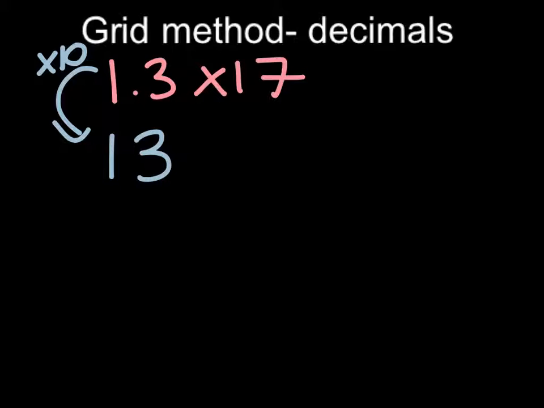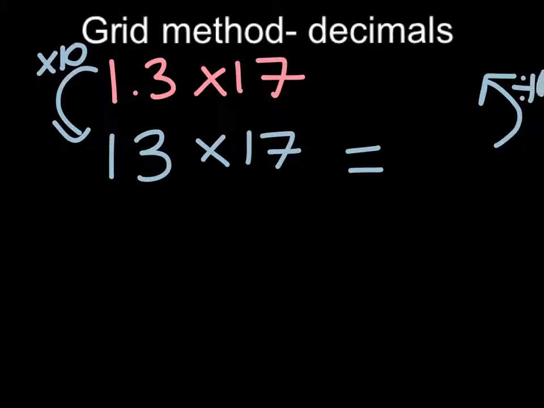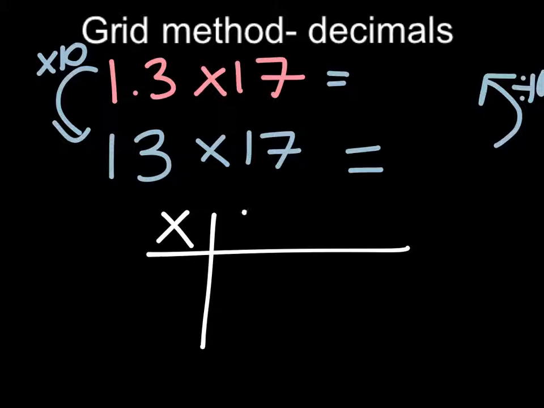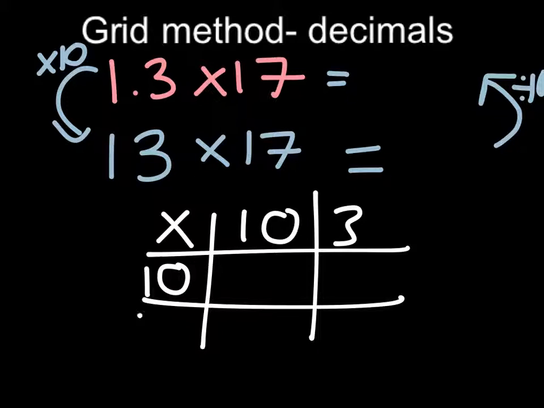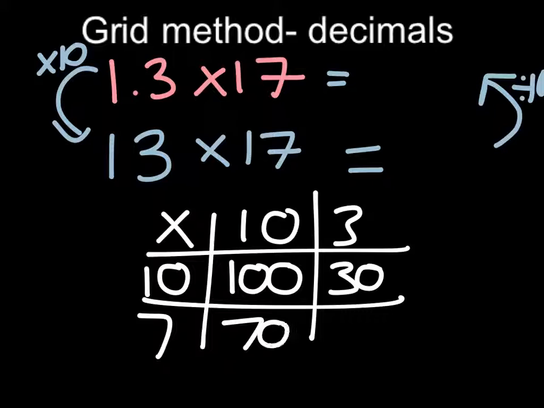So when we get our answer to 13 times 17, because that would make our answer 10 times bigger, we're going to have to divide by 10 and make it smaller. Okay, so 13 times 17 is easy in the grid. 13 is 10 and 3, and 17 is 10 and 7. 10 times 10 is 100, 3 tens are 30, 7 tens are 70, and 3 sevens are 21.